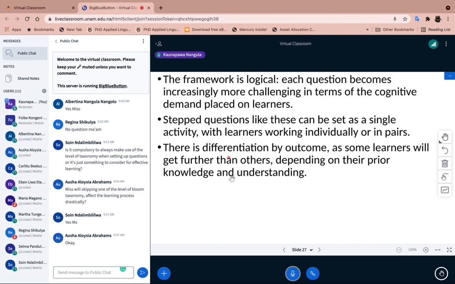Stepped questions like this can be set as a single activity with learners working individually or in pairs.